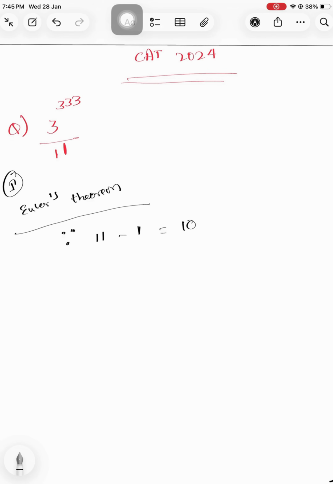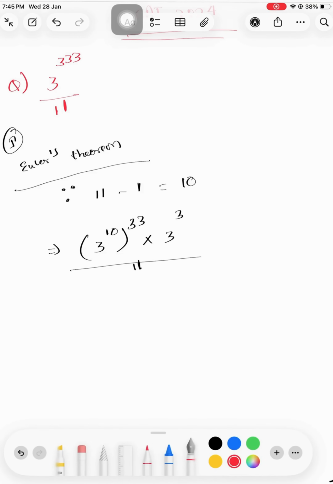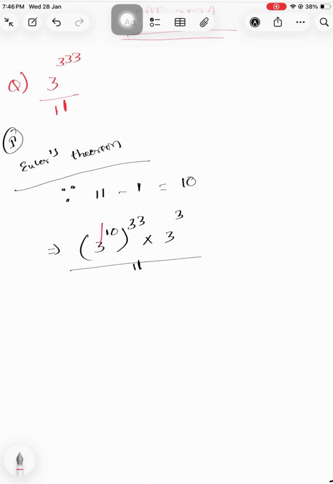So it means that 3 raised to the power 10 upon 11 will always have 1 as a remainder, and this 3 raised to the power 333 can be expressed as 3 raised to the power 10 within a bracket, 33 over here, into the remaining 3's, which is 3 raised to the power 3, finally upon 11.